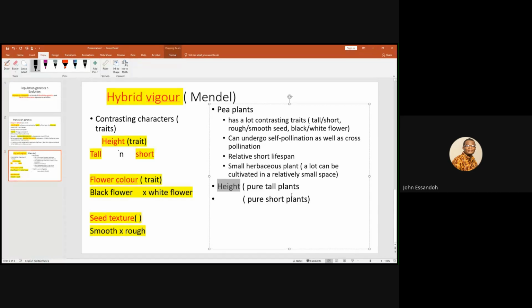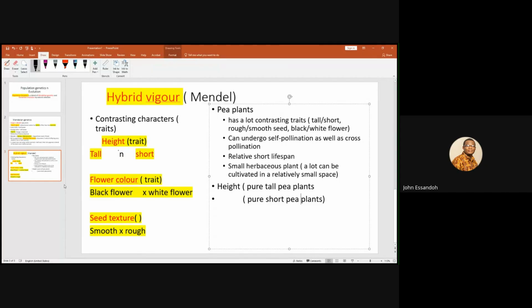So you ask the farmers across Europe, please, do you have pea plant that is pure tall and pure short? Some farmers will provide the pure tall, other farmers will provide the pure short pea plant, okay? All right. So now he's going to cross them.